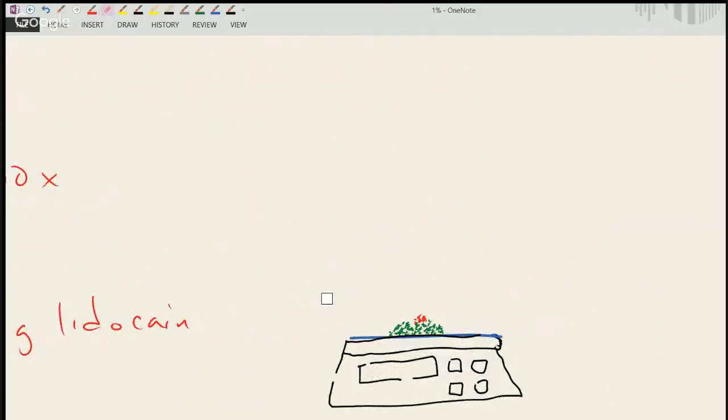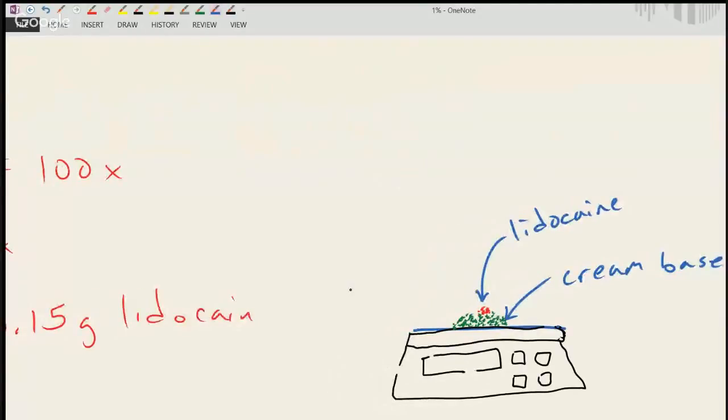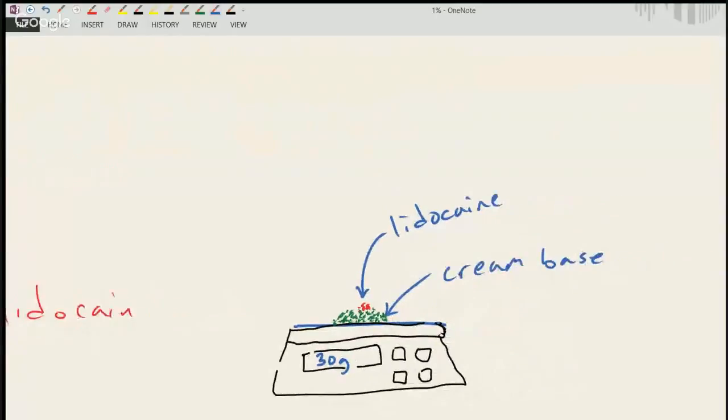So how are we going to do that? Let's assume that this is the cream base and this is the lidocaine. The total amount is going to be 30 grams. So what would we add to this scale? So the total is 30 grams.